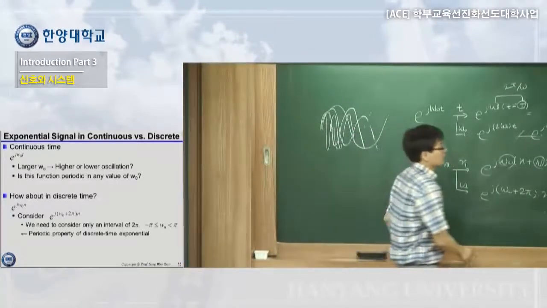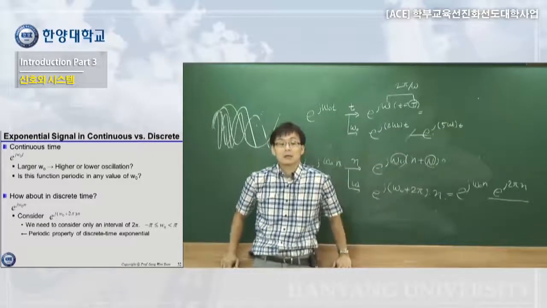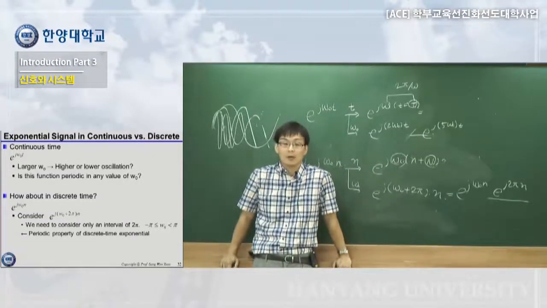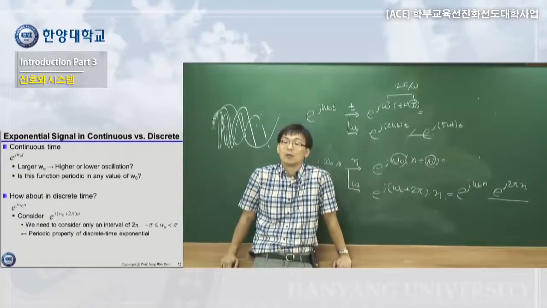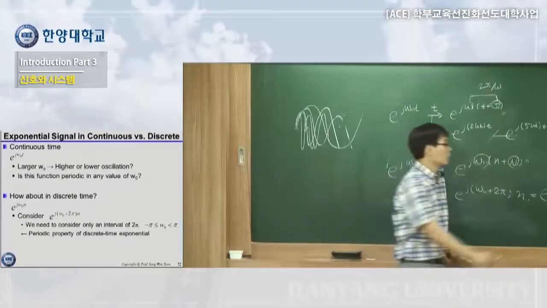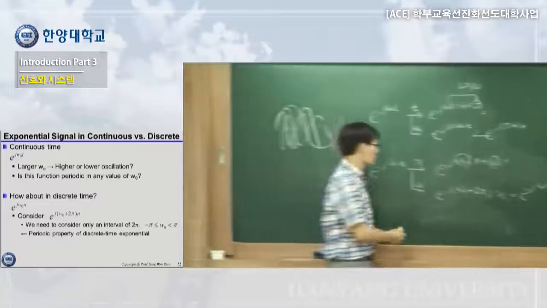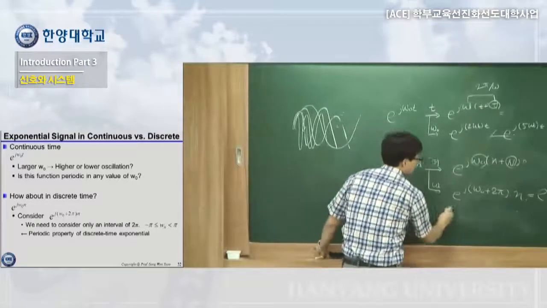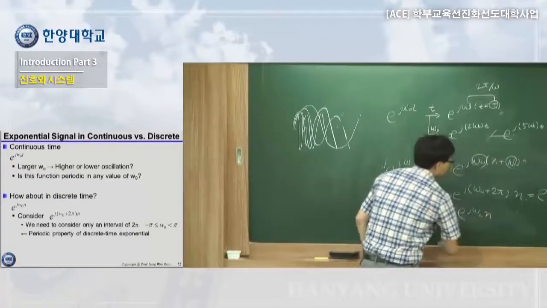And what is this? 2 pi n is 2 pi, 4 pi, 6 pi. So cosine 2 pi is what? 1. Sine 2 pi is what? 0. So this one equals 1.